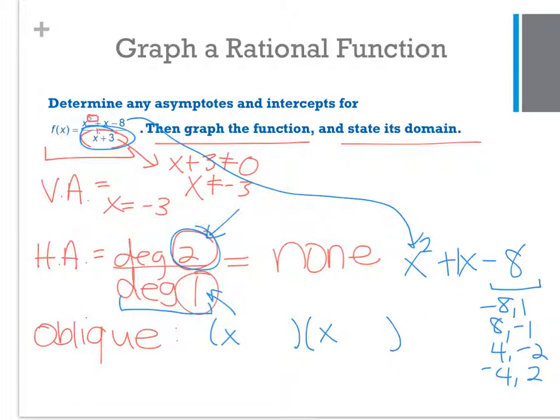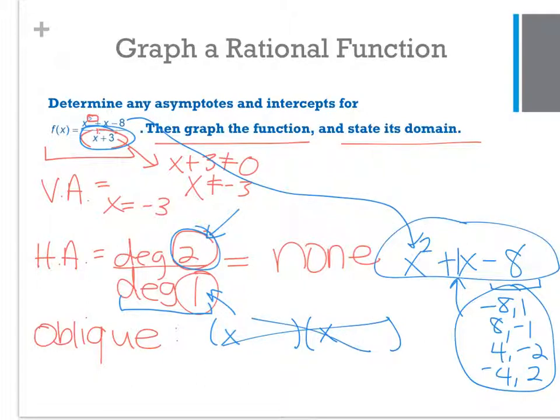None of these options add up to give me +1, which means that this quadratic, x squared plus x minus 8, is not factorable. And therefore the numerator does not share a common factor with the denominator of x plus 3. So anyhow, we do have an oblique asymptote.